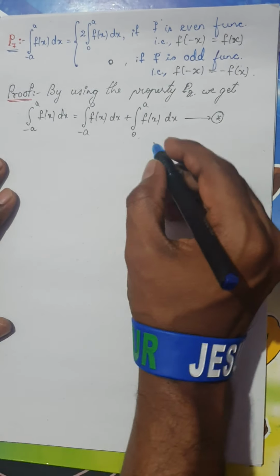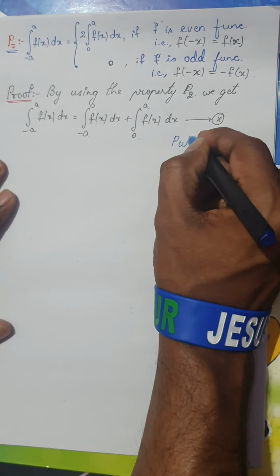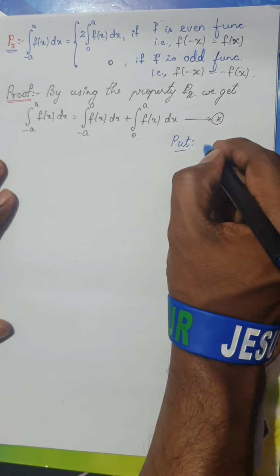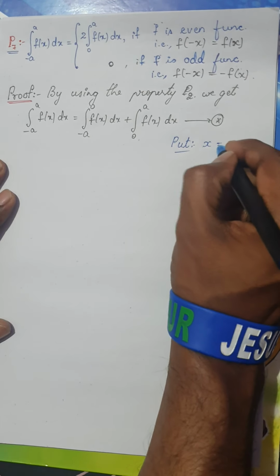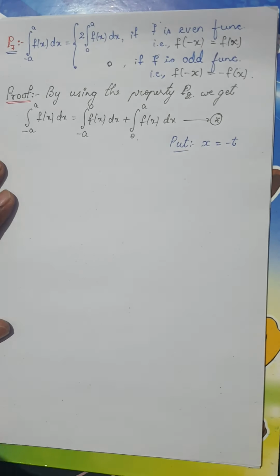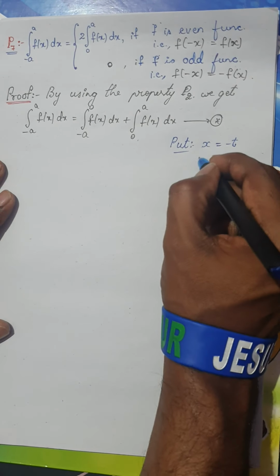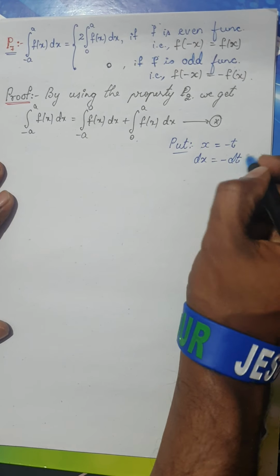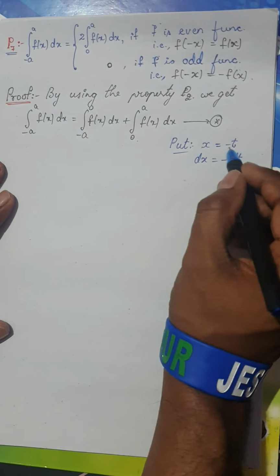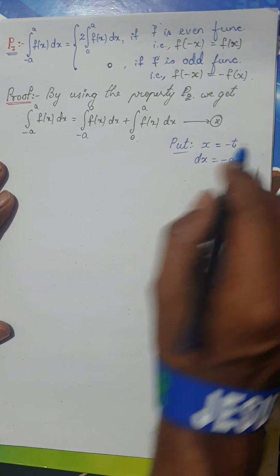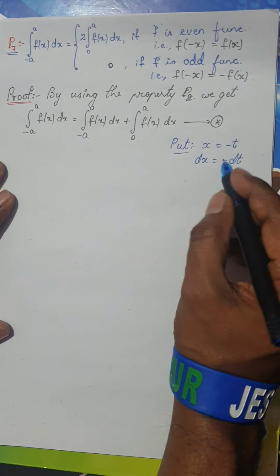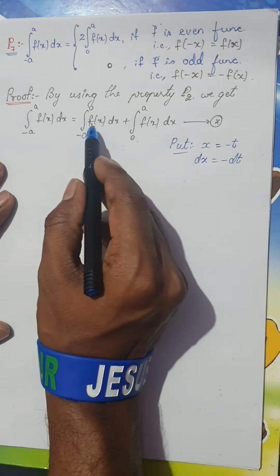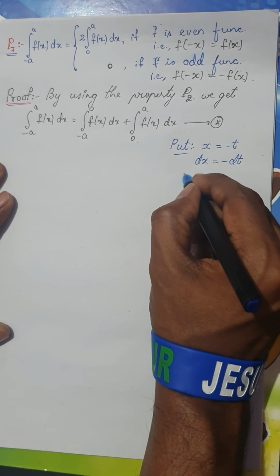See what substitution I am going to make here. I am going to put x equal to minus t. Then dx would be minus dt. Now when I change the variable, I have to change the limits also.